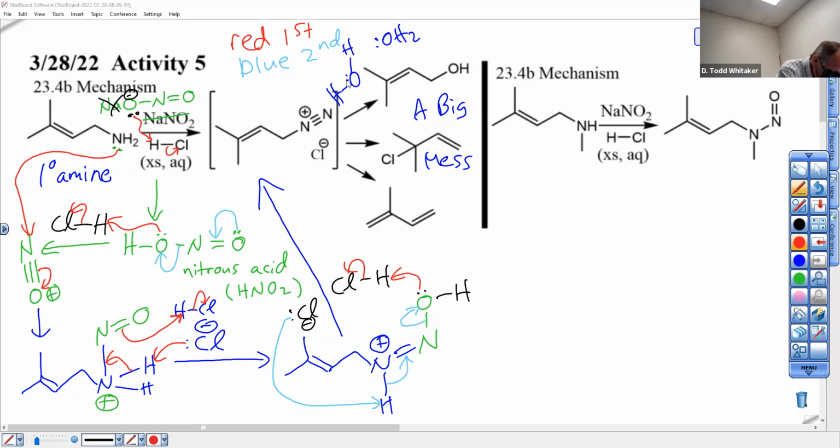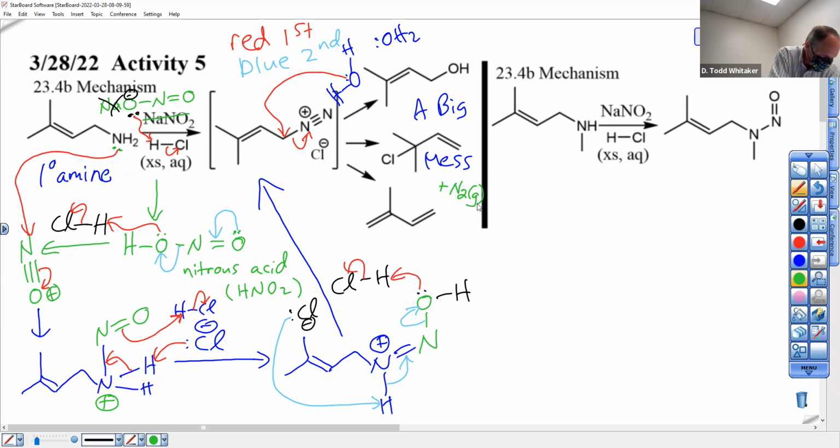First step, backside attack, leaving group leaves. That's not any old leaving group either, is it? That's better than an excellent leaving group. How come? Why is it better than excellent? Entropy. It's a gas.